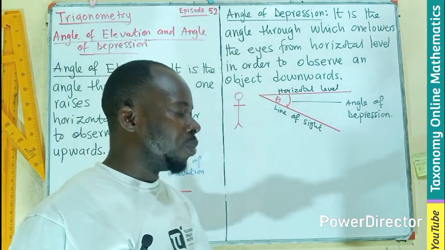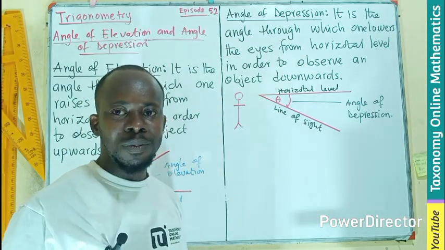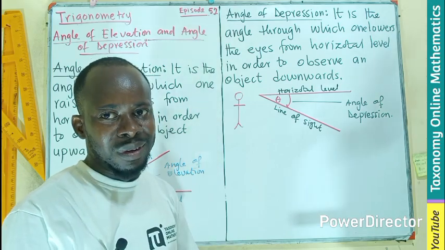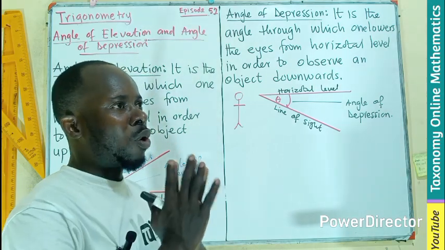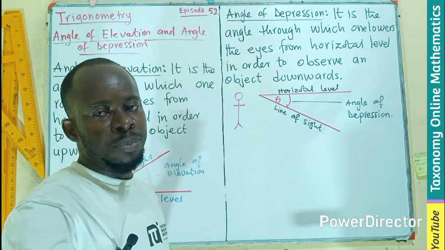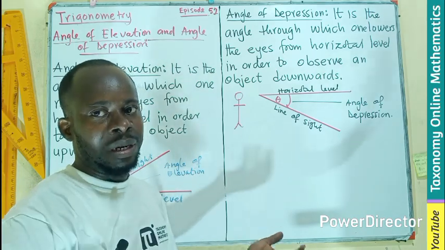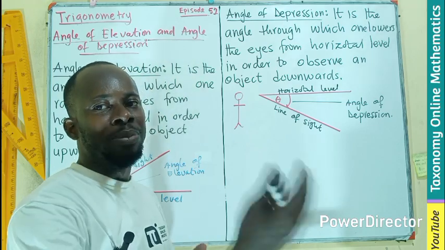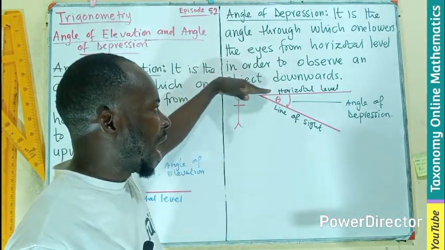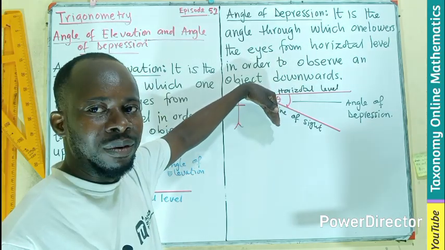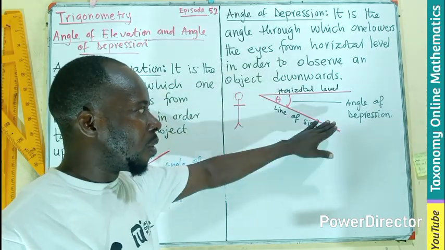In this case, it could be a bird looking at you, or an aeroplane looking at a landmark on the ground, or you being on top of a building trying to observe something below, on the ground level of the building. That is angle of depression. So you are here, your eye level the same, you lower your eye through an angle, bringing it down. That is what we call depression.